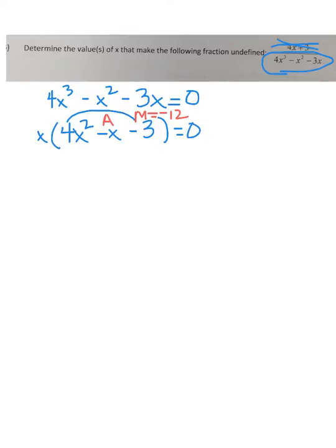So remember, let me keep this x, bring that down, and I'm just going to open up a set of brackets. It'll make it a little bit easier. Remember when we're doing rainbow, you bring down the first term and you bring down the last term. Okay, so what multiplies to negative 12 that would add to negative 1? Well, wouldn't that be a negative 4 and a positive 3?